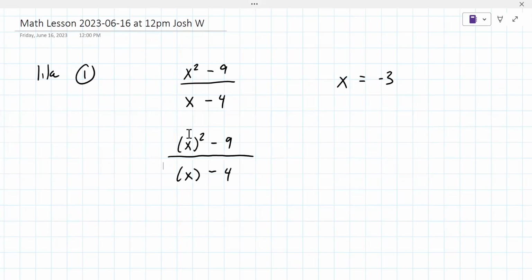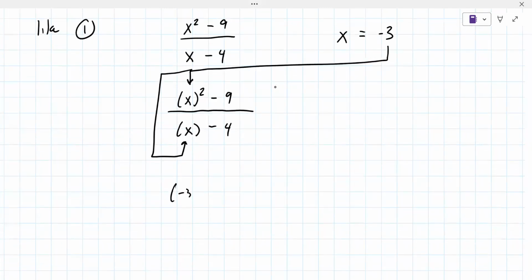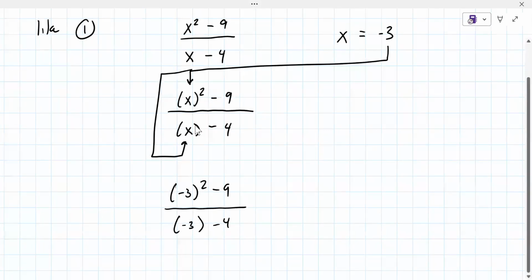When you put this number in for x, you're really putting it into the parentheses. So it looks like this: (-3) squared minus 9 over (-3) minus 4. The main reason you put it in parentheses is that there's an operation to do to it, and you don't want to exclude the sign. In this case, the operation is the square.